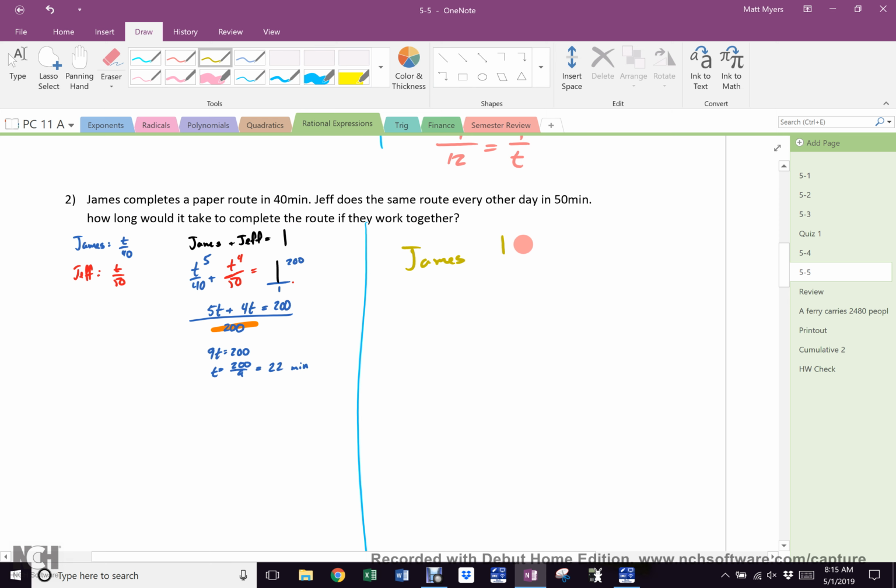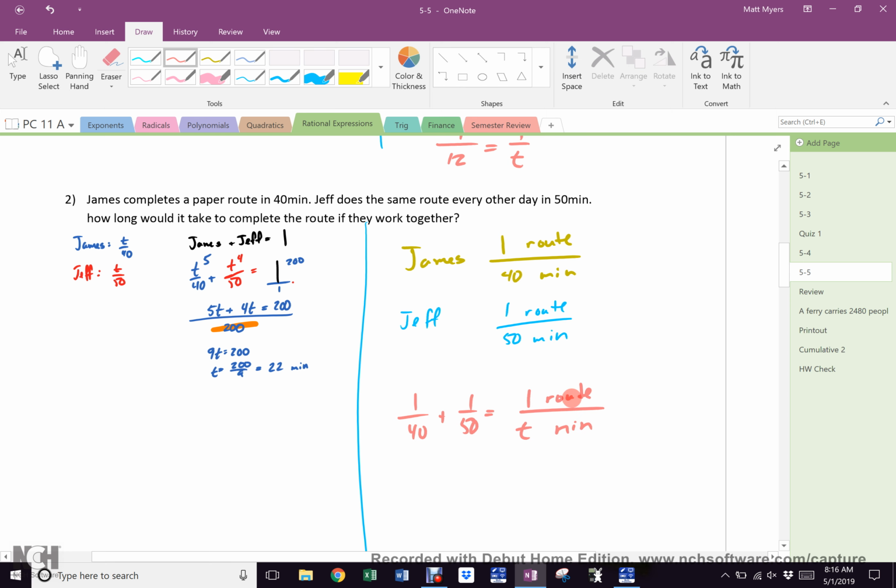James is 1 roof per 40 minutes, and Jeff is 1 roof per 50 minutes. So, put it together. It's 1/40th plus 1/50th equals 1 roof in how many minutes? We don't know. So that's where the t goes.